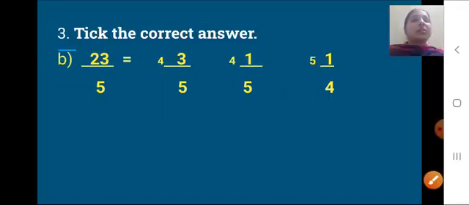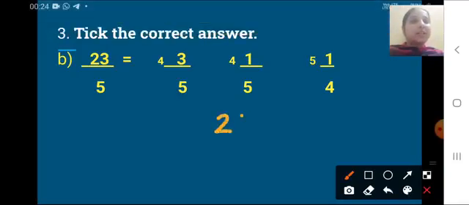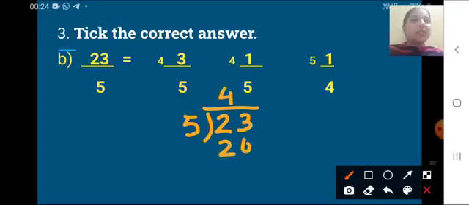Here the fraction is 23 upon 5 and you have to tick the correct mixed fraction for that. So let's divide it and get the mixed fraction for the given improper fraction. 5 4s are 20. When we subtract, we get 3. So how will we write it as a mixed fraction?